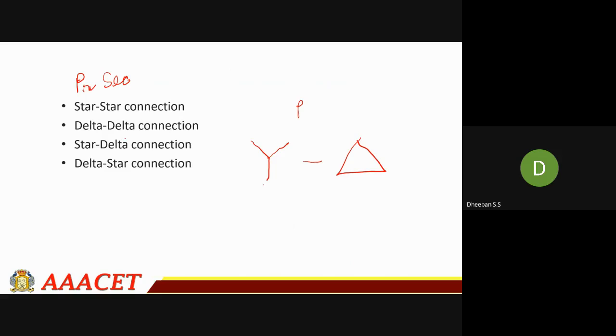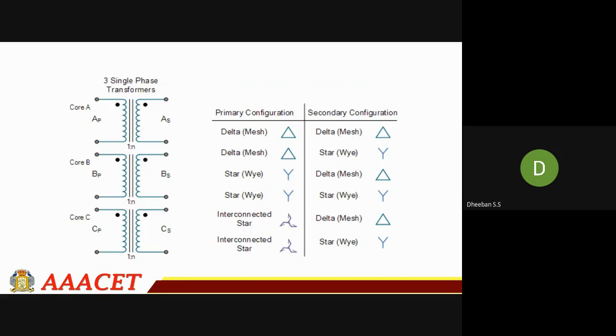The other types of configuration are the delta connection, followed by the star-delta connection, and again followed by the delta-star connection. So this is coming to your single core three phase transformer. Here this one represents a separate core. You can also get your three phase transformer by connecting three single phase transformers. This is one single phase, this is one single phase, this is one single phase.